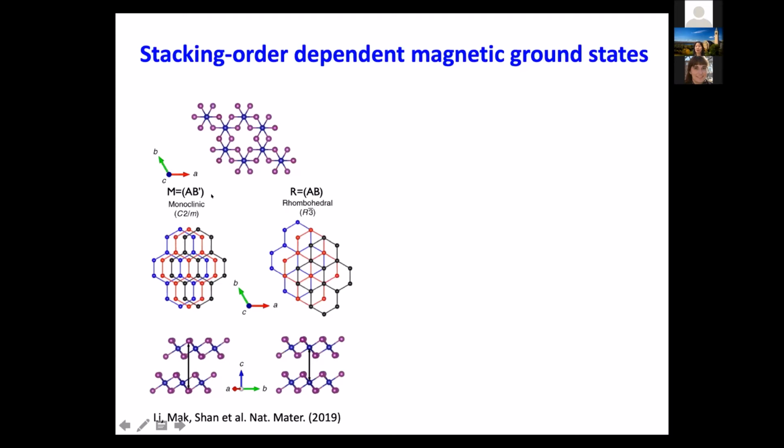And there is another stacking order called the rhombohedral, and you shift each layer along the metal-metal bond direction by one unit cell. At room temperature, this material is monoclinic, and if you cool down to about 200 Kelvin in the bulk, it becomes rhombohedral. And that's the side view of those different stacking orders.